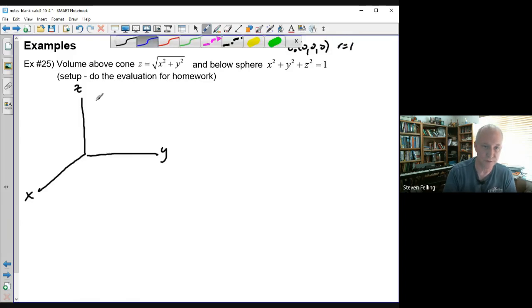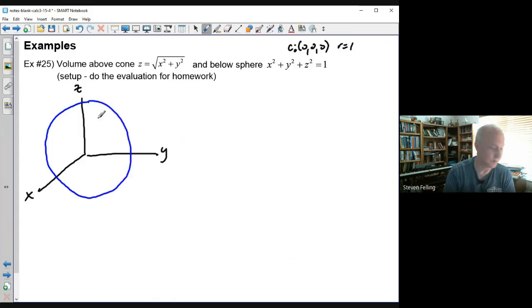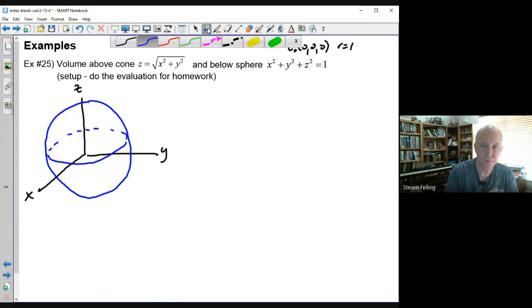So I have a three-dimensional sphere. Okay, and then there's a cone, and the cone, I'll use red. The cone looks like this.